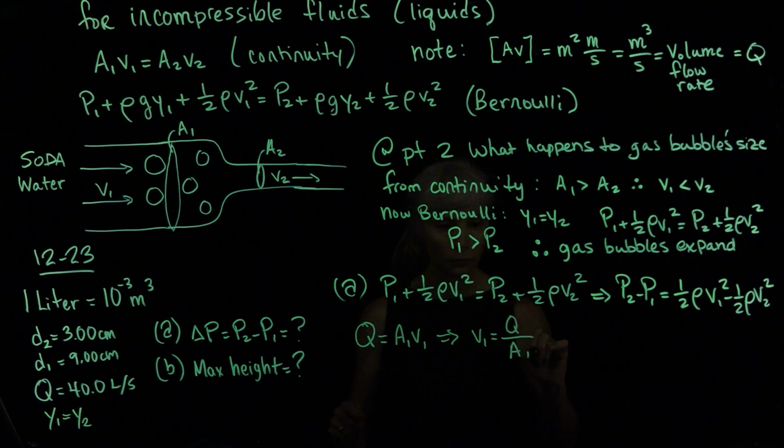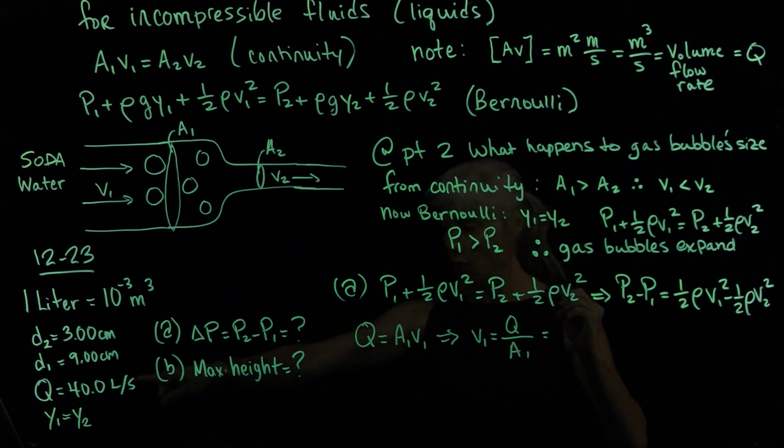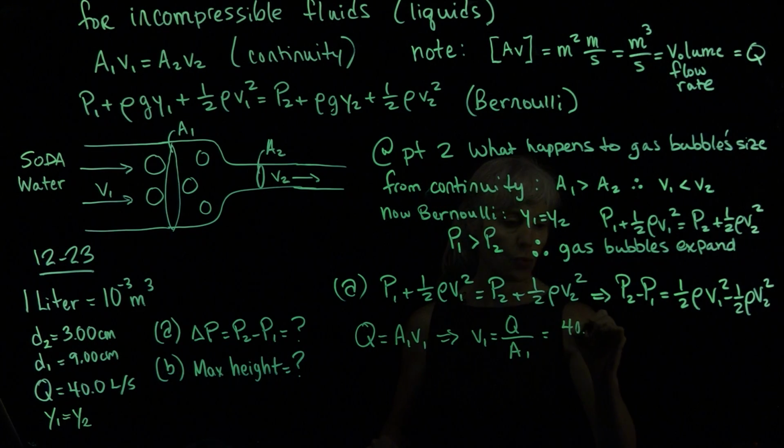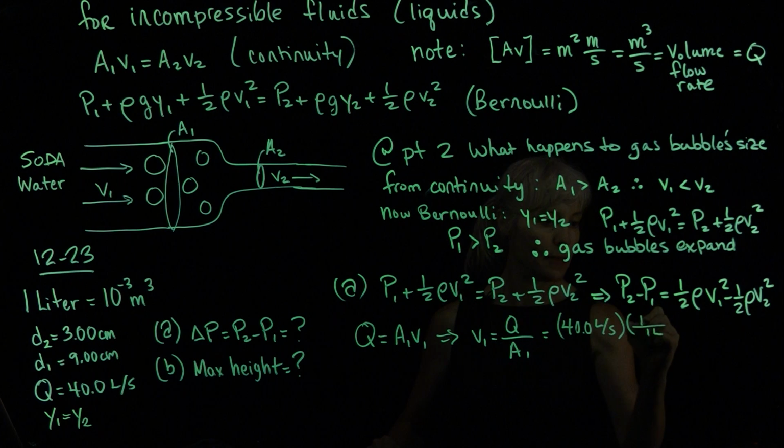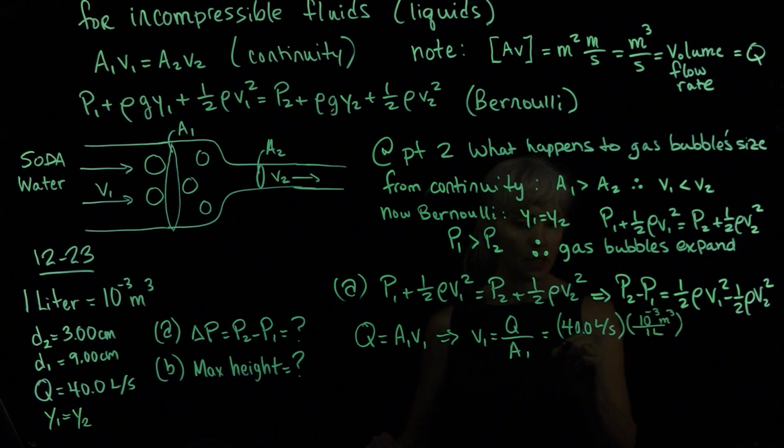A1. So solving this, Q is 40.0 liters per second, and again we want to convert that. So let's go ahead and multiply. 1 liter is the same as 10 to the minus 3 meters cubed, and then we're going to divide this by the area of the pipe.